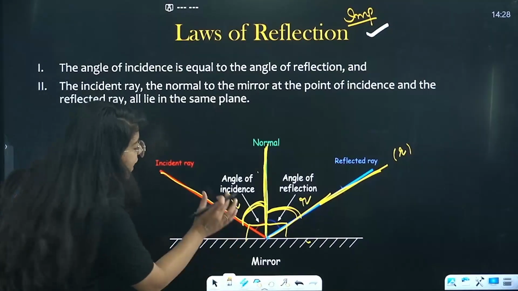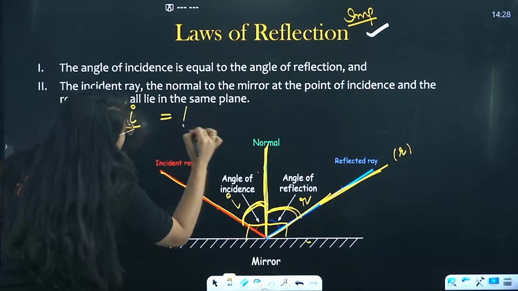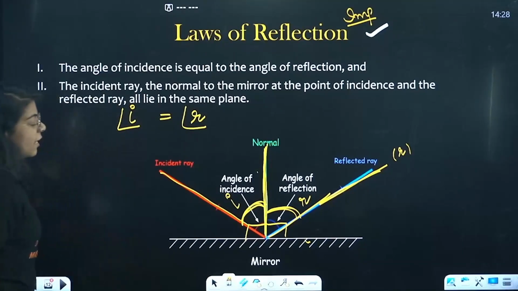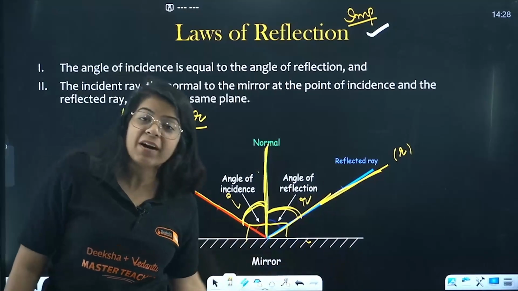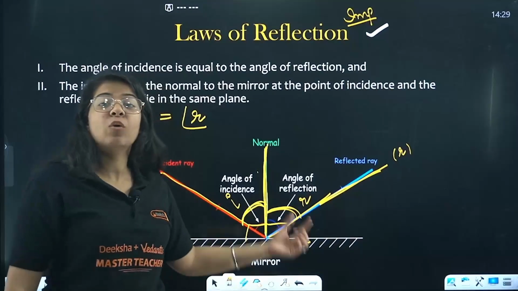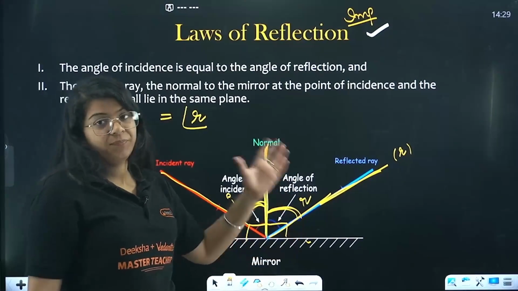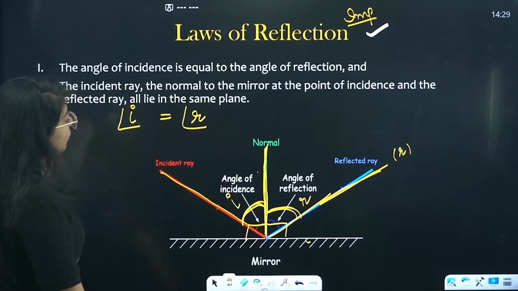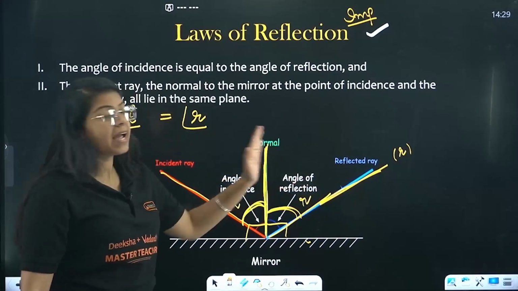The first law says this angle of incidence is always equal to the angle of reflection. Then only reflection will happen, or wherever the reflection is happening, you have angle of incidence equal to the angle of reflection. Clear?